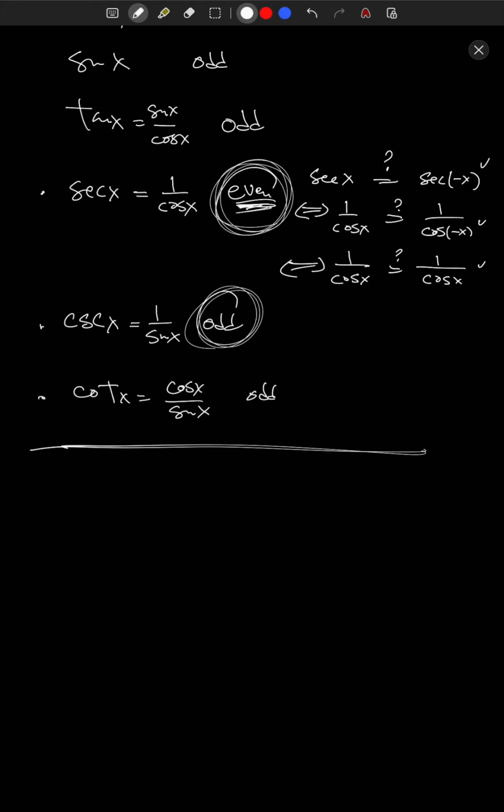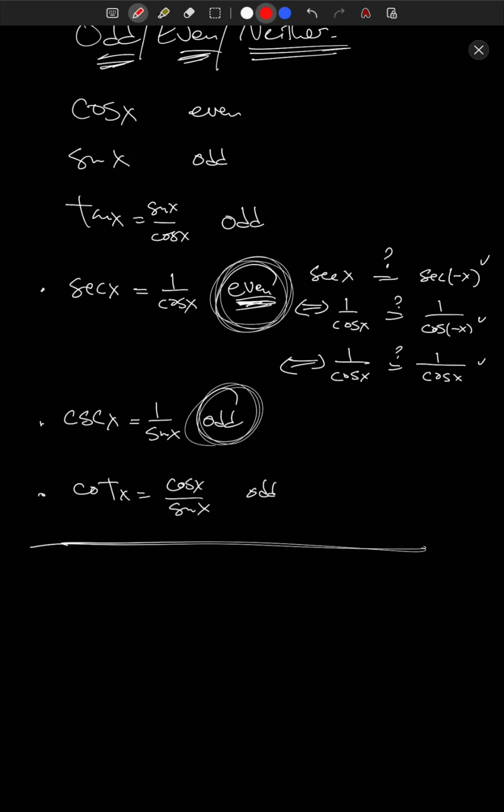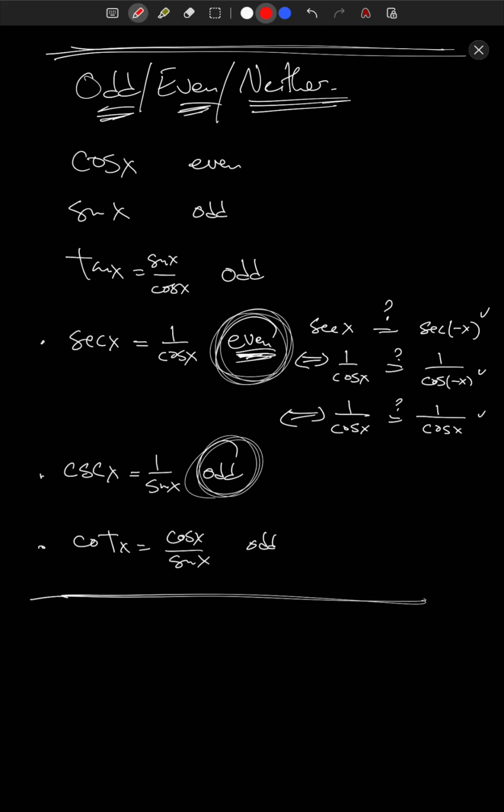But the important thing here is that our trig functions have this kind of symmetry, odd or even. So make sure you also are comfortable with how this translates to algebra, right? So for example, let me do it on the same page. Cosine x being even means cos x is equal to cos of negative x. Sine x being odd means that sine of negative x is equal to negative sine of x.